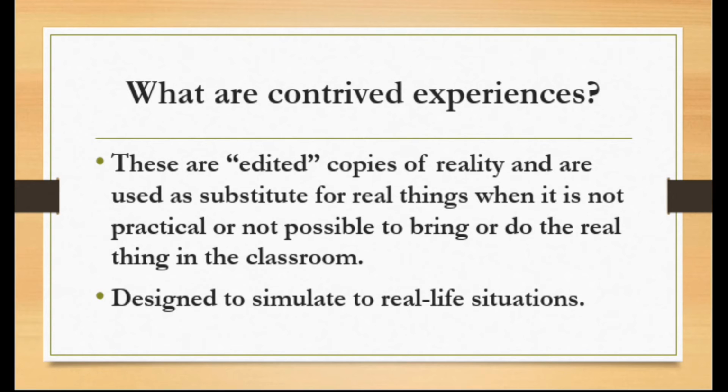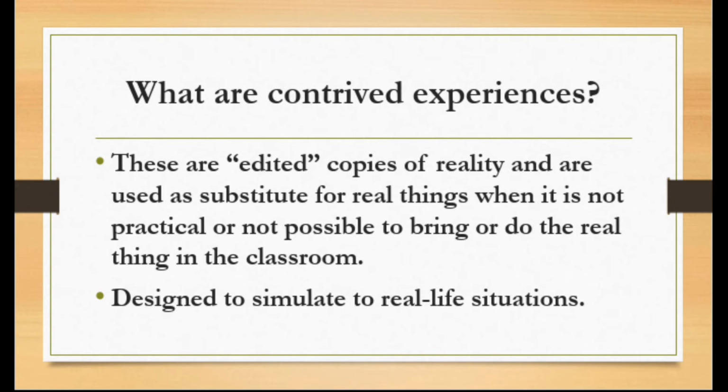Also, these are things that they cannot bring inside the classroom, so they do that in a contrived way. Contrived experiences are edited copies of reality and play as a substitute for the real things.